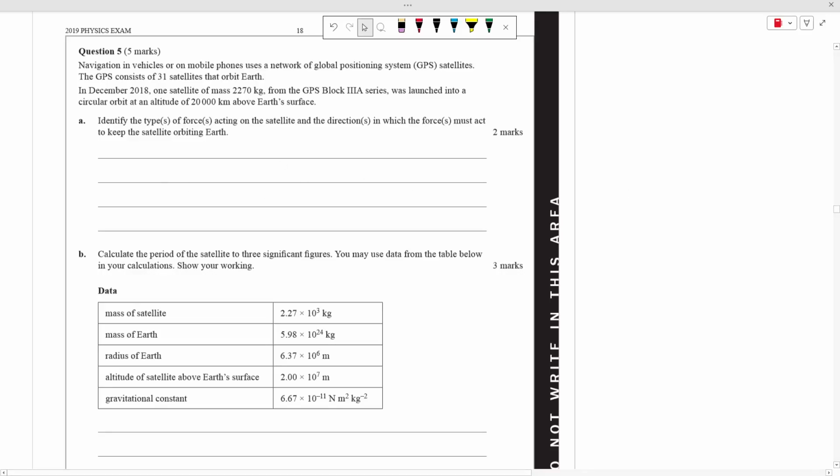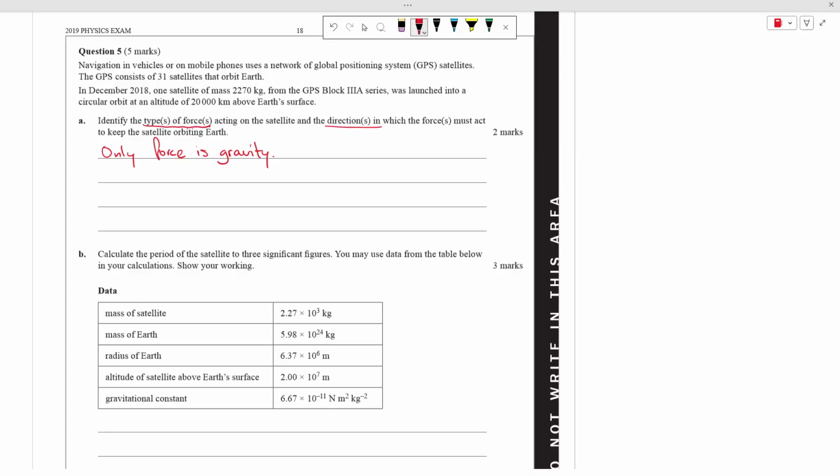Okay, you're in space. We're assuming there's no dust and stuff, there's no friction, so you're orbiting Earth. There's only one force acting on you, which is gravity. Okay, so identify the type of forces and the direction.